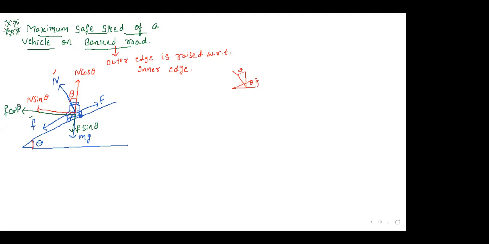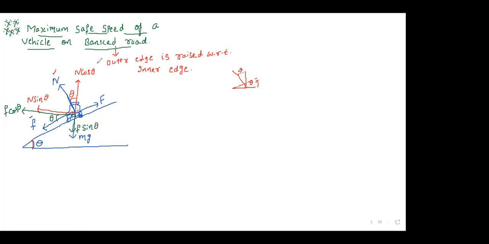Because if this is theta, this is also theta because of alternate angles. So F cos theta will act towards the left side, and F sin theta is going to act in the downward direction.